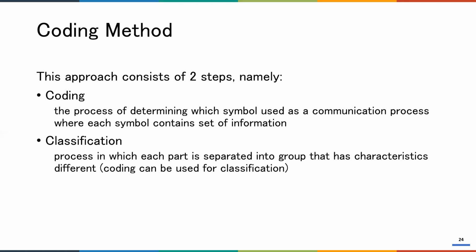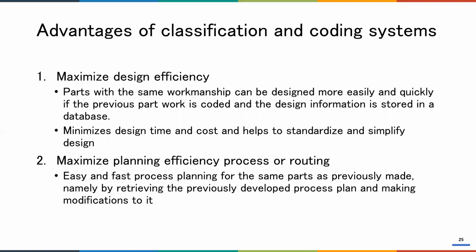And from those codes, you then do the classification. You use the code that you already made and put on your product or part, then you classify it into different part families.